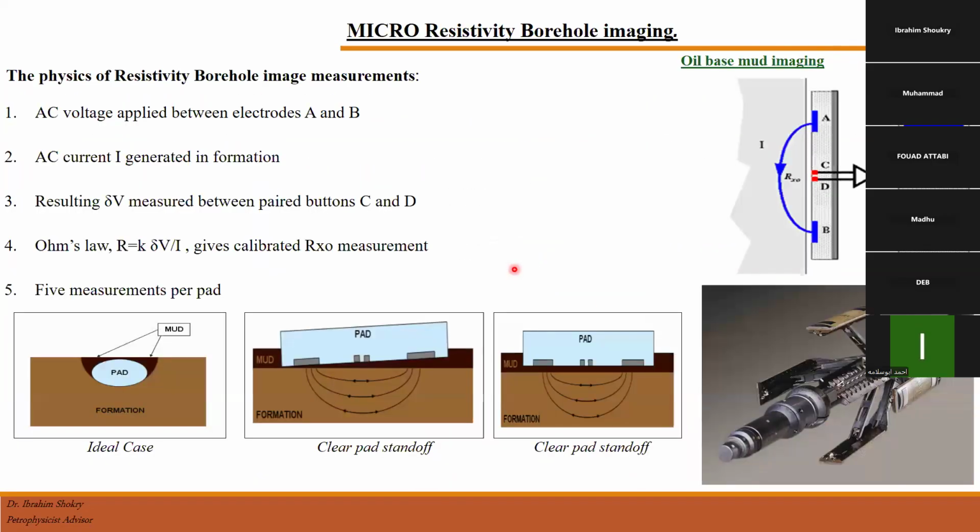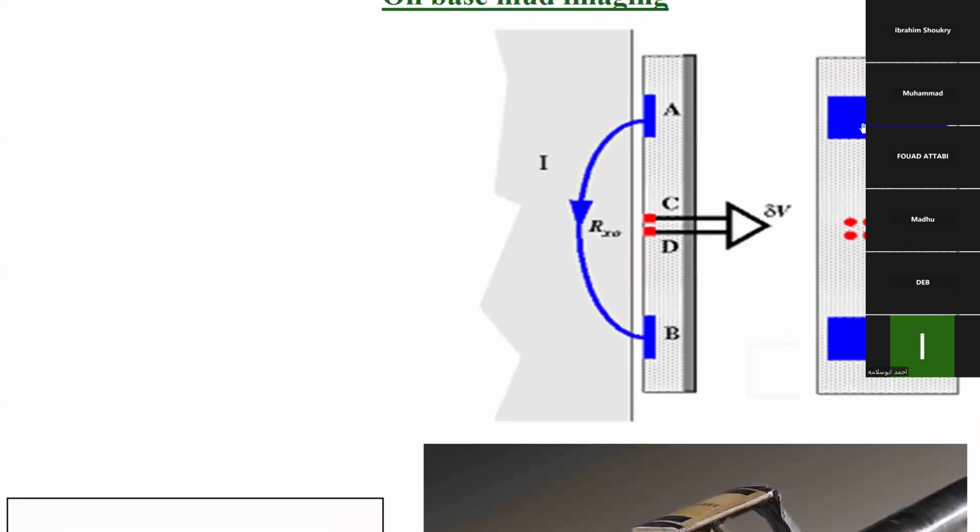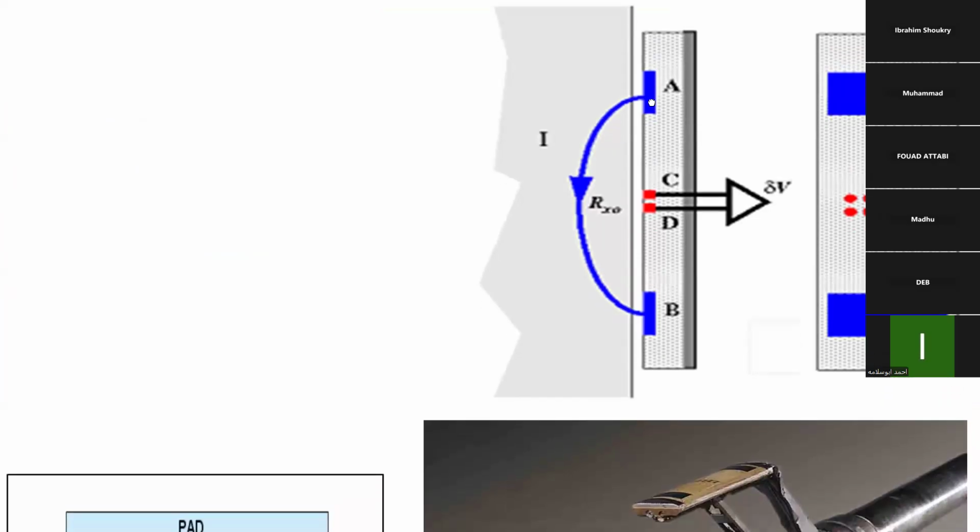Now, going to the borehole imaging tool in case of oil-based mud, the theory is different. Here we have two electrodes, A and B. In this case, we inject a current from the upper and lower electrodes, and we measure the voltage, or the potential difference, between two pairs of electrodes.